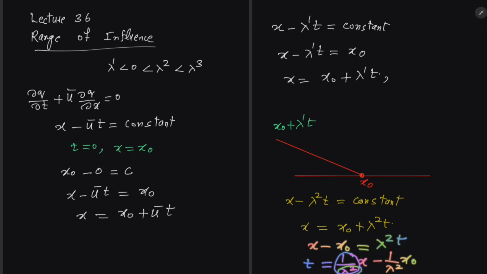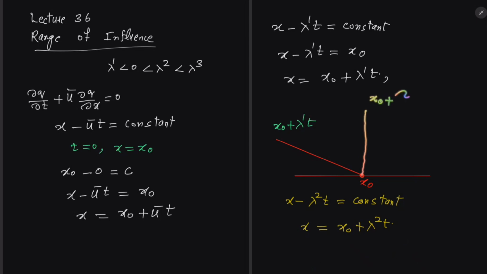So the slope will be a bit larger than lambda 3. So its slope will look like this, but it should be positive, x naught plus lambda 2 t.